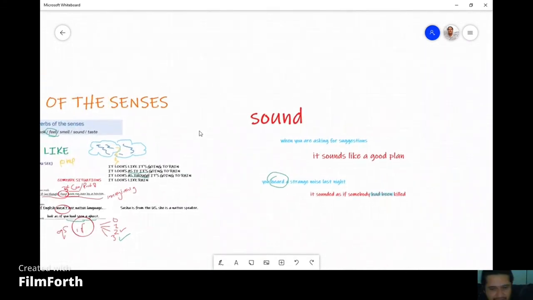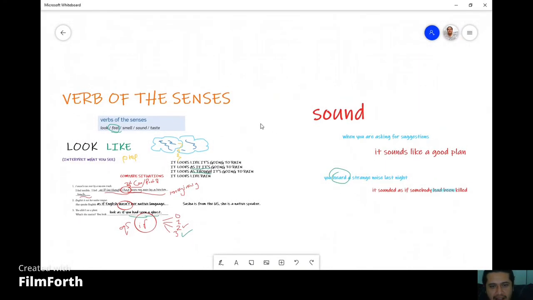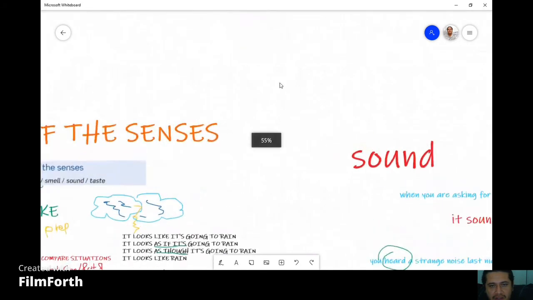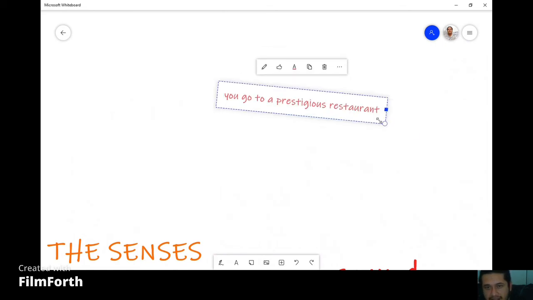Now, of course, there are a lot of examples of comparison with sound. The last one here is taste. You can use the verb taste. Imagine that you go to a very prestigious restaurant, and of course very expensive, no?